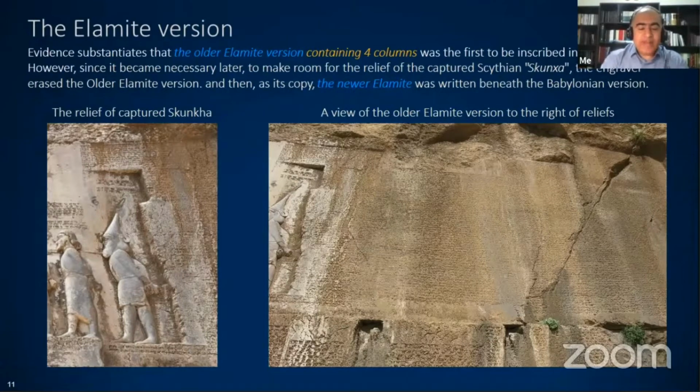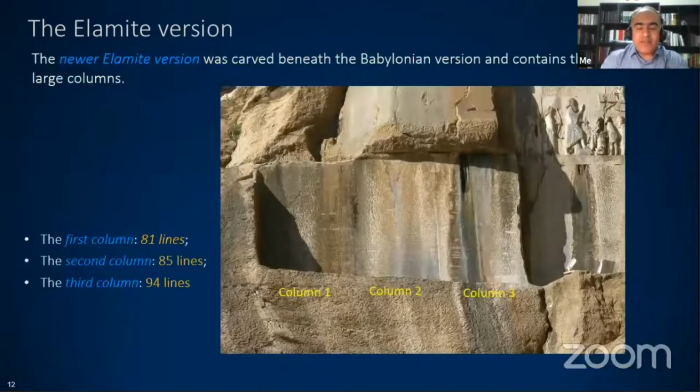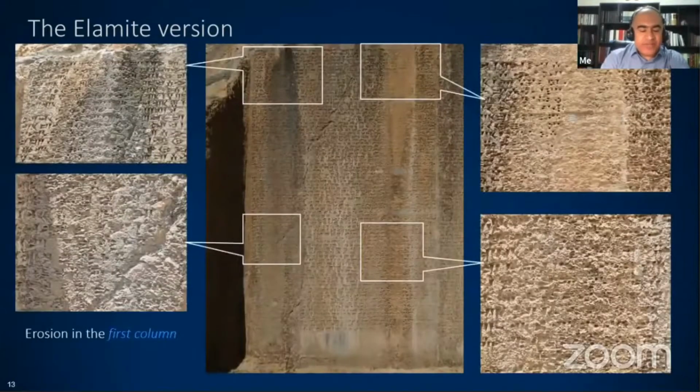The newer Elamite version, or hereafter the Elamite version, contains 3 large columns with a total of 260 lines. It has severe erosion as well. Regarding the first column, 2 streams of water and calcareous compounds have flowed over it. Meanwhile, several cracks extend across it.